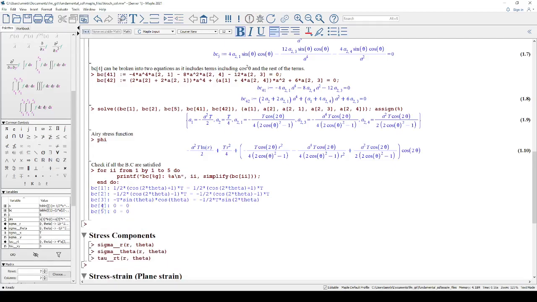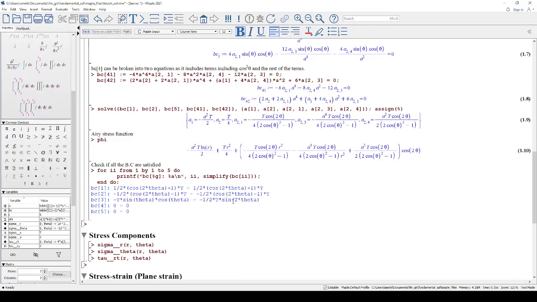So for boundary 4 and 5, this is 0 equal to 0, what we expected, and this is half cosine 2 theta plus 1 t, this is fine, minus half cosine 2 theta minus 1 t, and this is also the same. And we have here minus t sine theta cosine theta, which is equal to minus half of t.